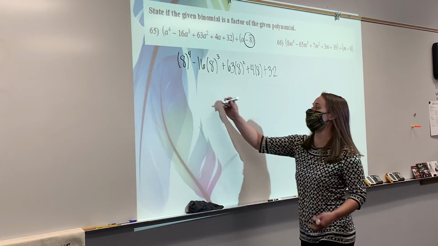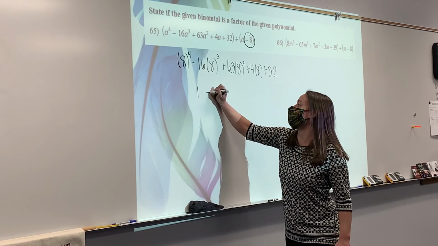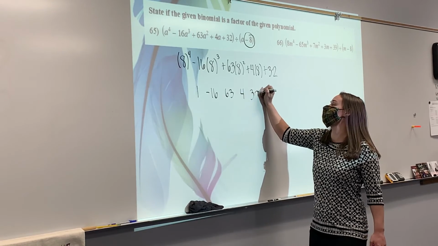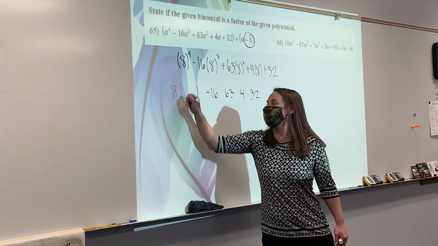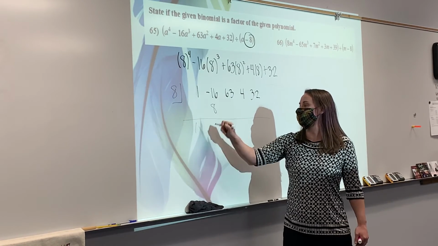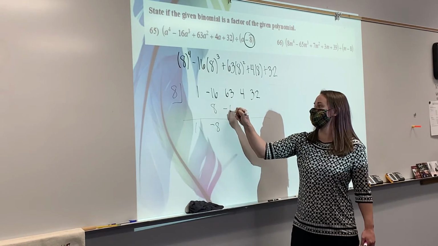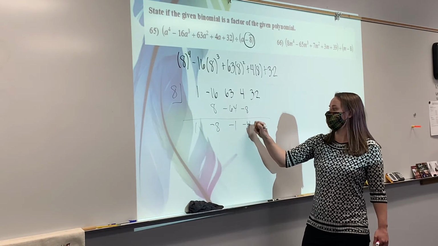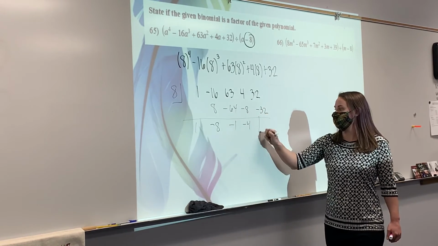You could have done this problem by going 1, negative 16, 63, 4, 32. In the box you put an 8. Drop down the 1, 8, negative 8, minus 64, negative 1, negative 8, minus 4, minus 32, 0.